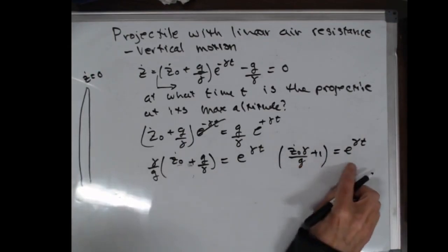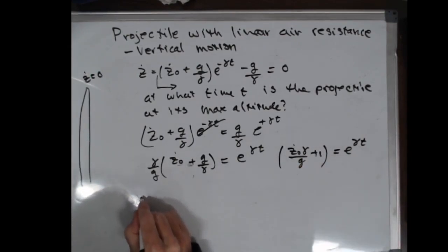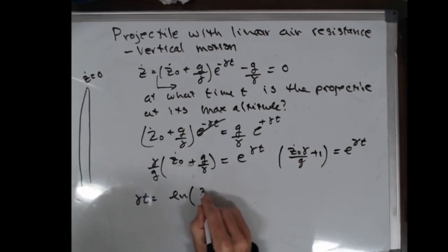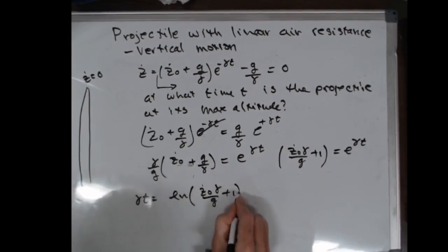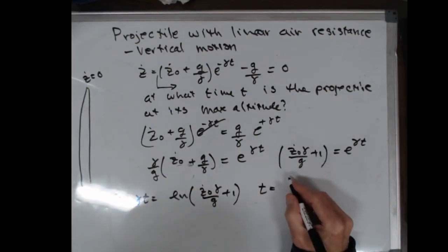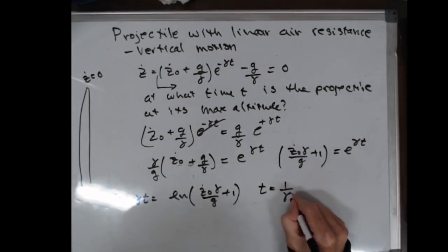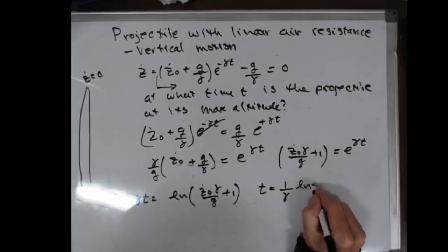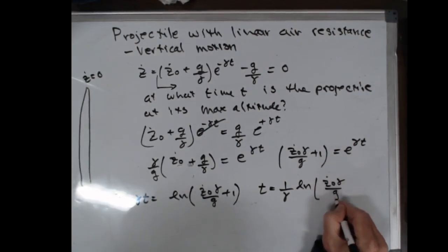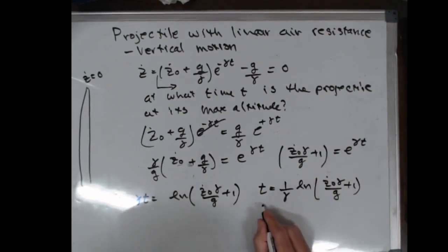And so I take the log of both sides, and that gives me gamma t is equal to the log of z dot naught gamma over g plus 1, or t is equal to 1 over gamma times the log of z dot naught gamma over g plus 1.